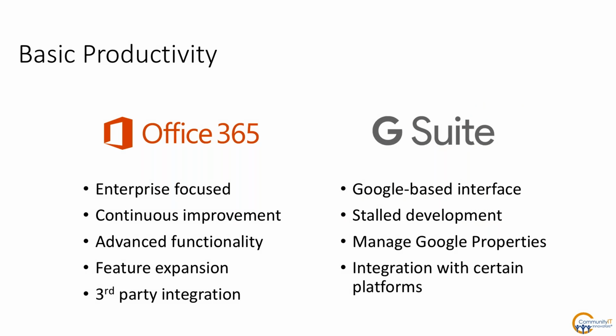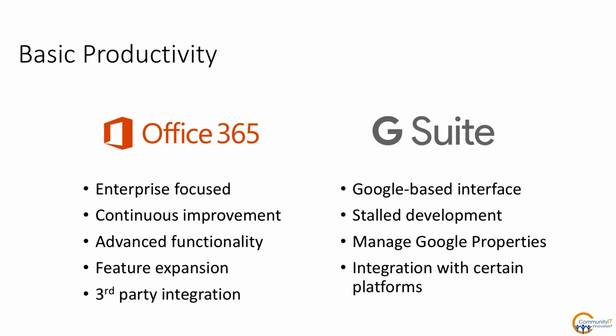So let's start by talking about basic productivity. By basic productivity, I mean those computer tasks that everybody in every organization needs to be able to do. That's email, potentially chatting, putting together Word documents, Excel spreadsheets, and PowerPoint slideshow-based presentations.